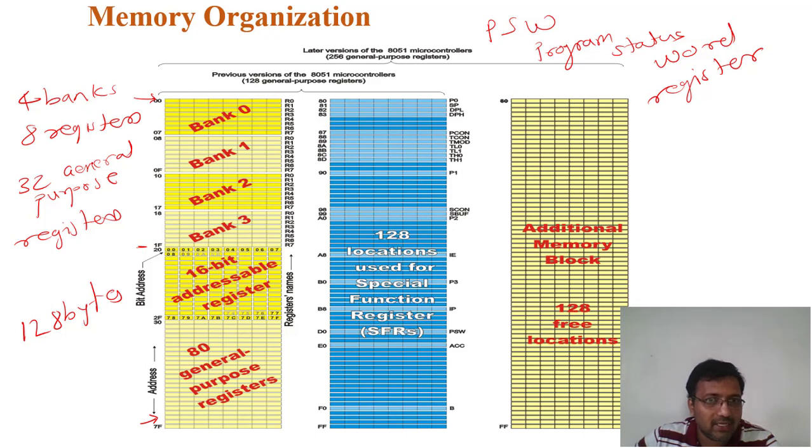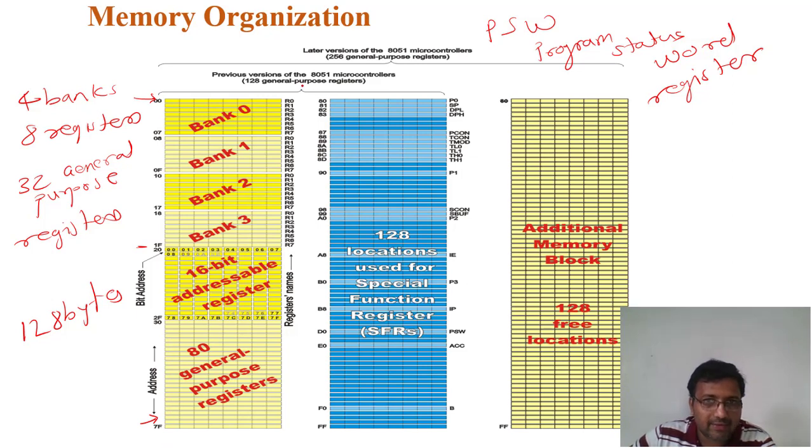So total 32 registers are there for general purpose banks. Then we have a bit addressable area from 20 to 2F. So bit addressable means we can specifically consider this bit. Either we can set it to 1, or we can clear it. So this is bit addressable. And from 30 to 7F we have general purpose registers again.